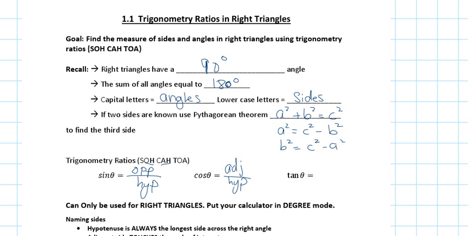And then TOA is opposite over adjacent, and that represents tan. Are we okay with this? These can only be used with right angle triangles, and make sure that your calculator is in degree mode.